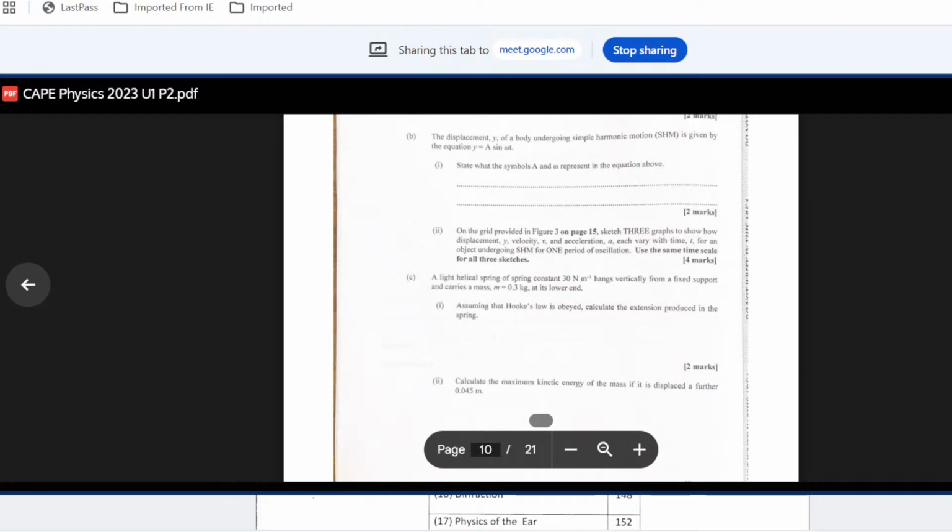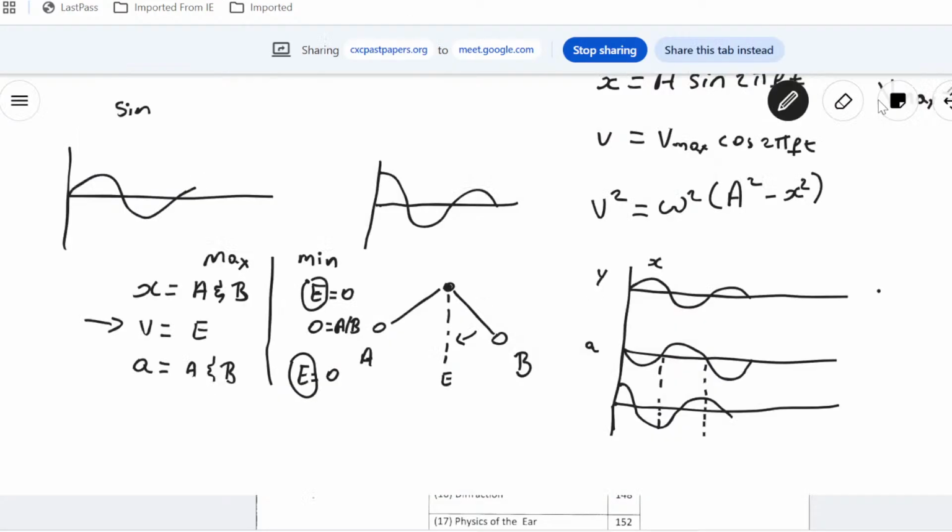We'd use F equals ke to solve this equation, and F would also have to equal mg. So e is equal to mg over k, and then we just substitute the values to find the answer.